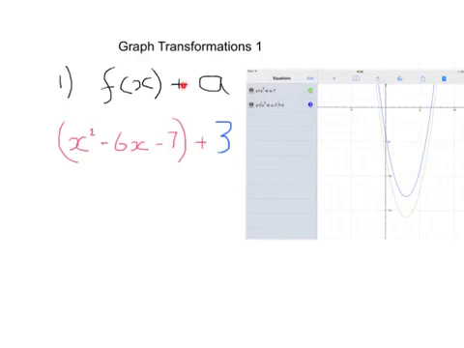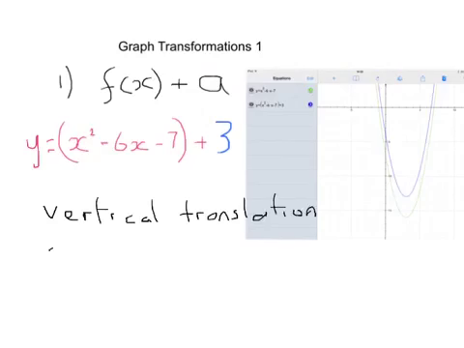So if we add a to our function of x, it's just going to shift, a vertical translation we call it, or shift it up by whatever the value of a is. So let's just formalise that in our notes. In fact, what we should have is y equals f of x plus a, we say that this is a vertical translation of a.